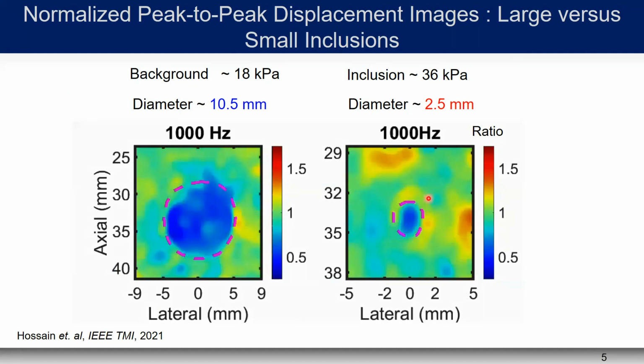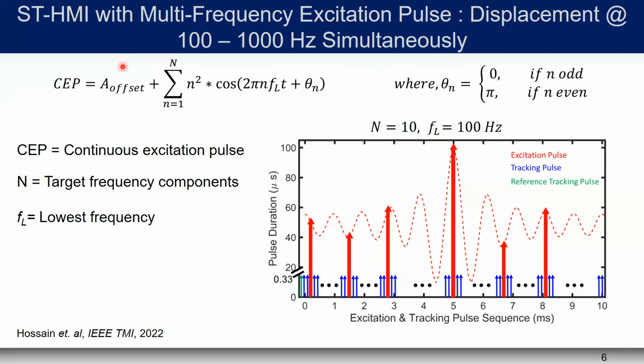To reduce the time, we recently developed a multi-frequency single transducer harmonic motion imaging. In multi-frequency STHMI, the excitation pulse is composed of a sum of sinusoids with target frequencies. Here is a continuous excitation pulse composed of frequencies from 100 to 1000 Hertz.